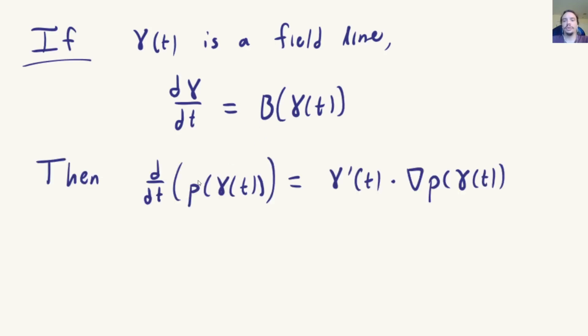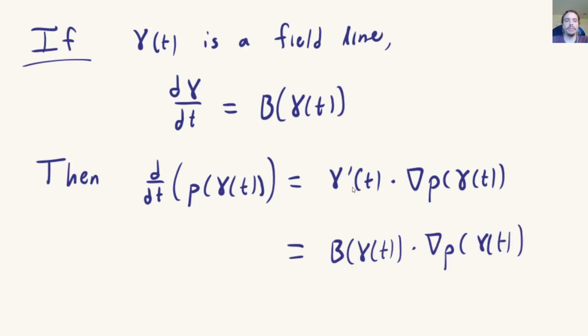Now let's figure out what the pressure is along a magnetic field line. If we take P at gamma of t, one point on the magnetic field line, and we take the derivative as time increases, then we can use the chain rule. We'll get gamma prime times the gradient of the pressure. We have to use a dot product because these are both vectors.